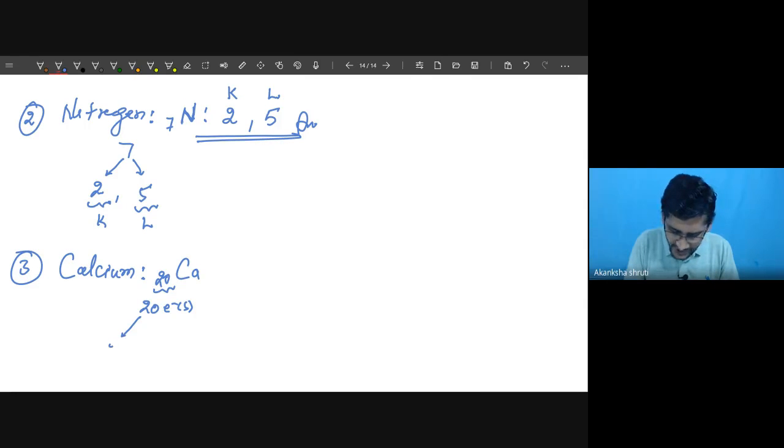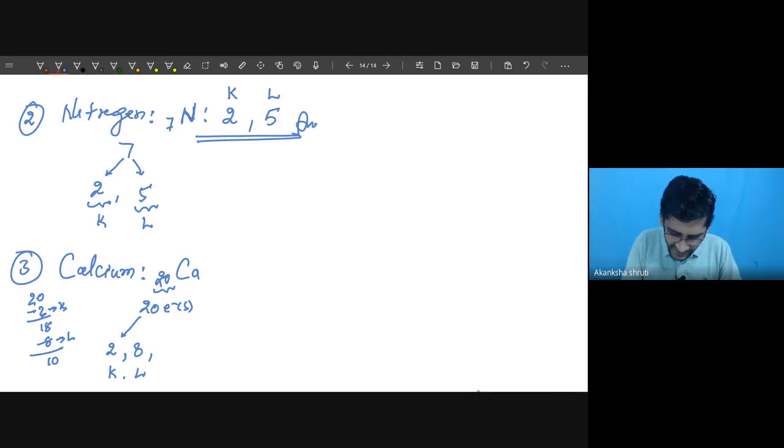First of all, I shall give 2 to which shell? K shell. Then the next one, 8 to the L shell. This way the electrons are being exhausted. From this 20 I have reduced 2 for the K shell, leaving 18. Then 8 for the L shell, and then I will have 10 electrons.